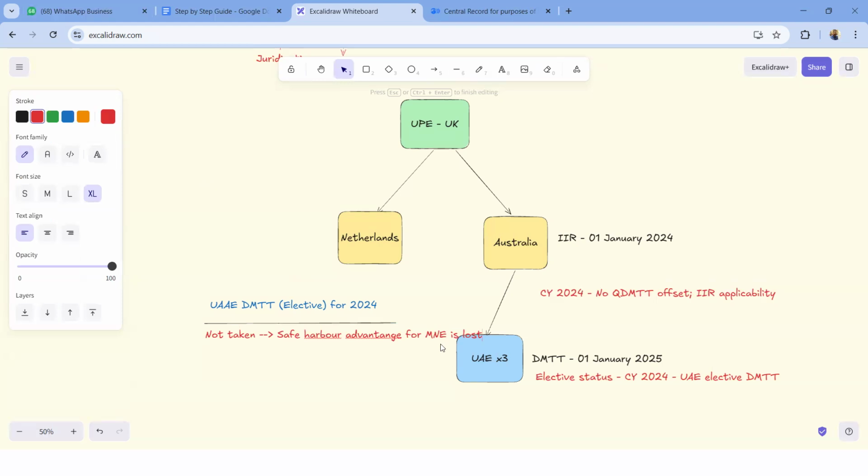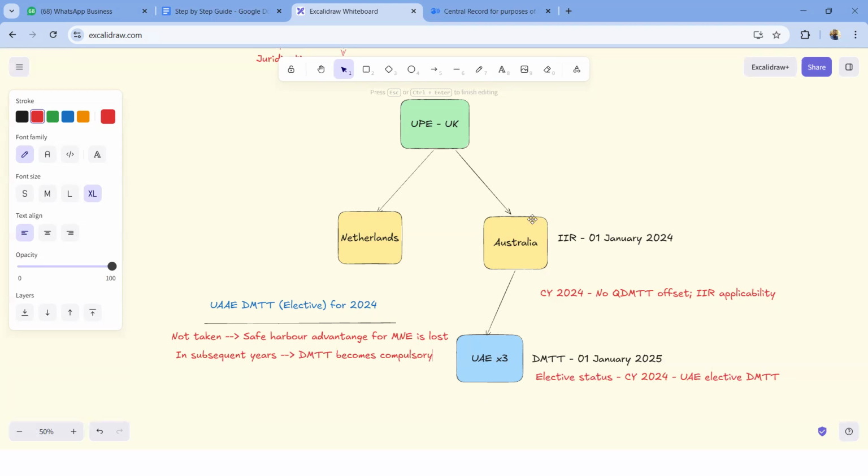Okay. And it can be offset only if, in subsequent years, DMTT becomes compulsory. Did you understand what is an elective status?